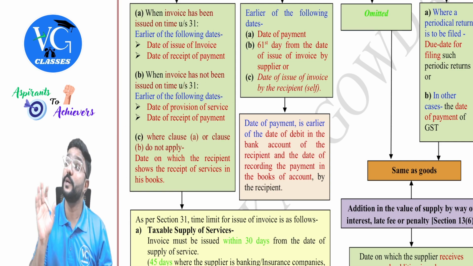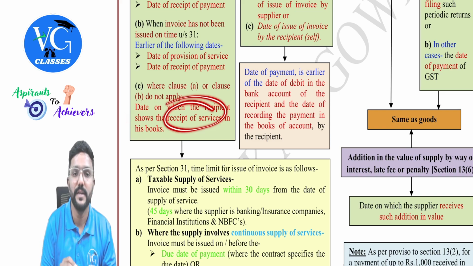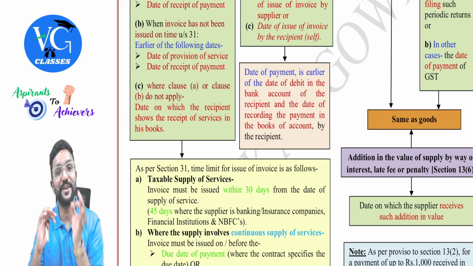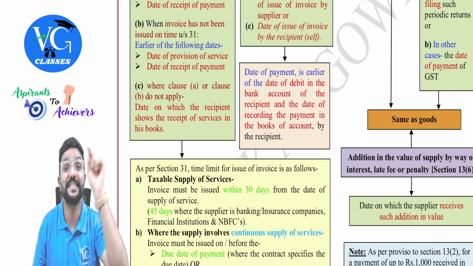Then they are telling us to look into the recipient's books. The date on which the recipient shows the receipt of services in his books will be the time of supply for whom? Supplier.